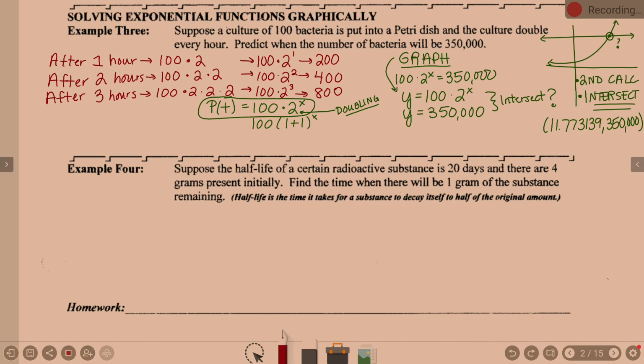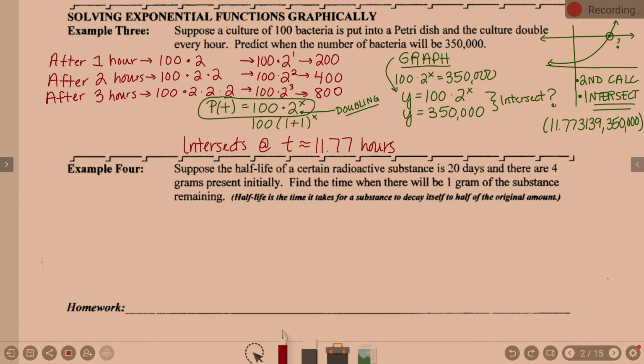So what does that mean my answer is? When will the number of bacteria be 350,000? 12. I even have 11.77 hours. Okay, so I'm going to say intersects at t is approximately 11.77 hours.